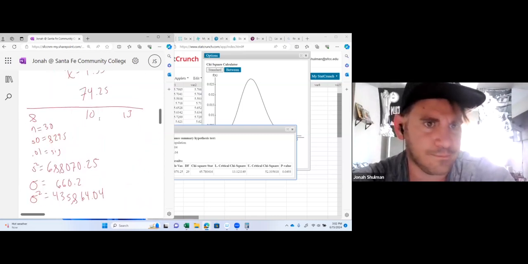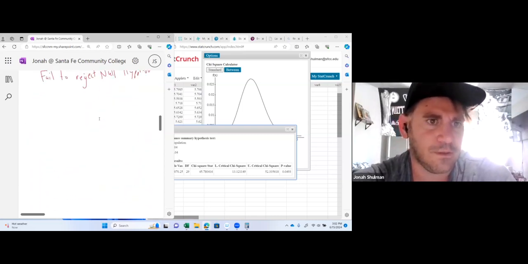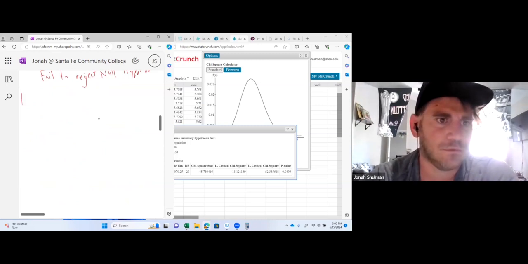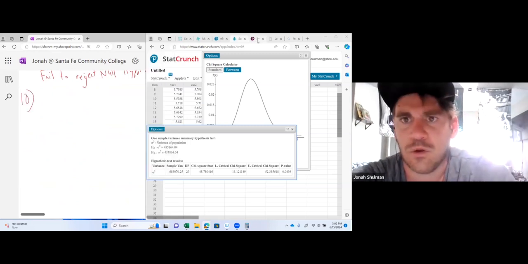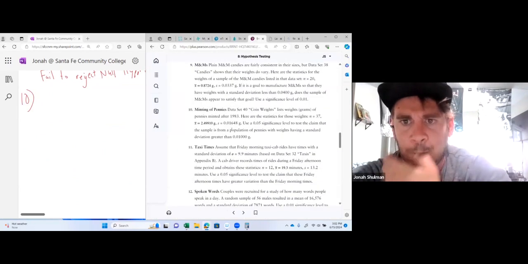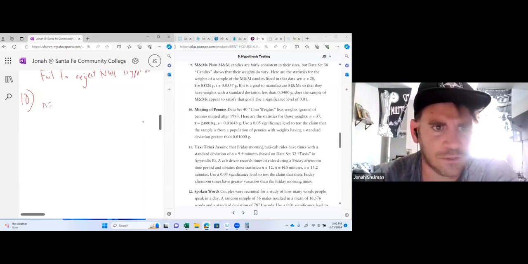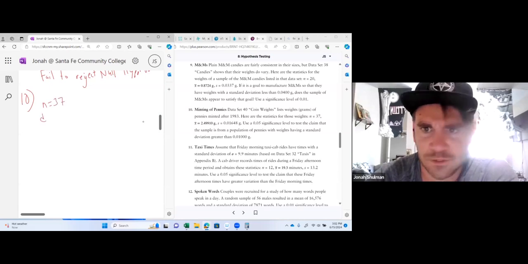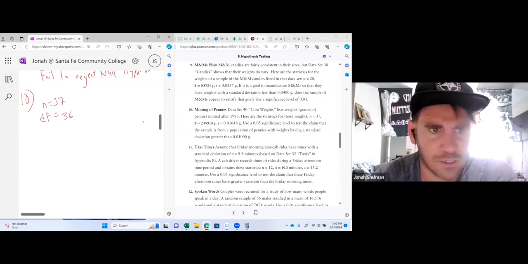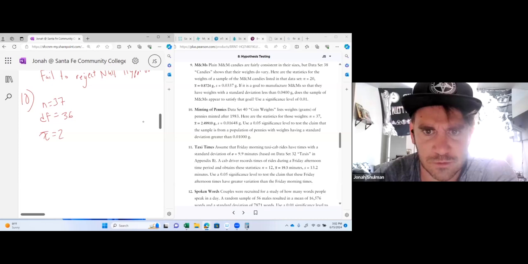Here's number 10. So we've got n is 37, which means my degrees of freedom is 36. I have a sample mean of 2.49910.